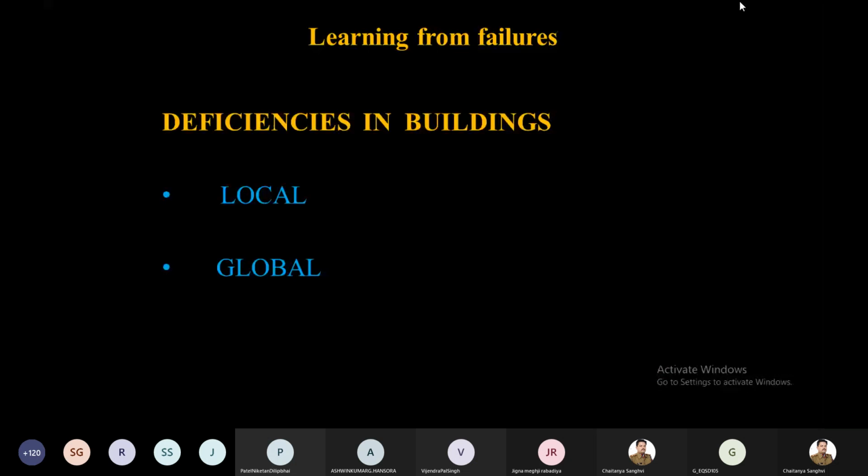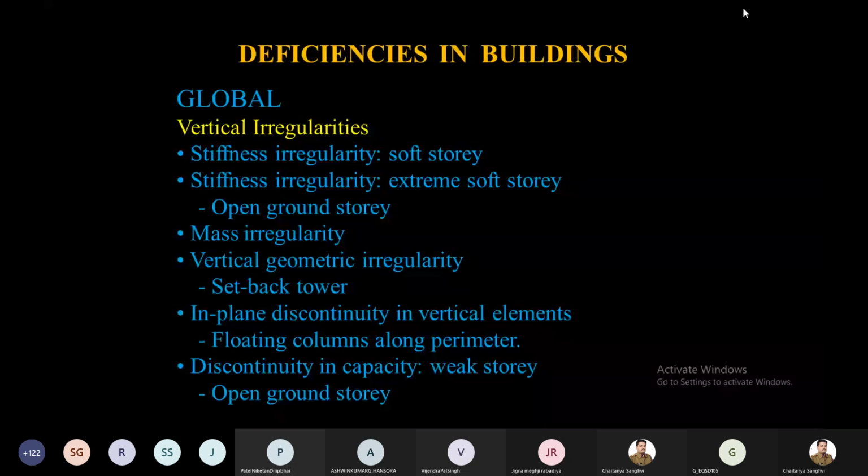Global deficiency means that if damage or collapse takes place in one element, it will lead to the collapse of the whole building. And local means you have damage at certain locations in the building, which may not lead to the complete collapse of the structure. We will talk about these deficiencies one by one.